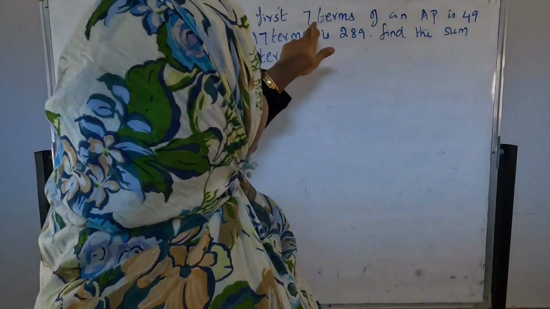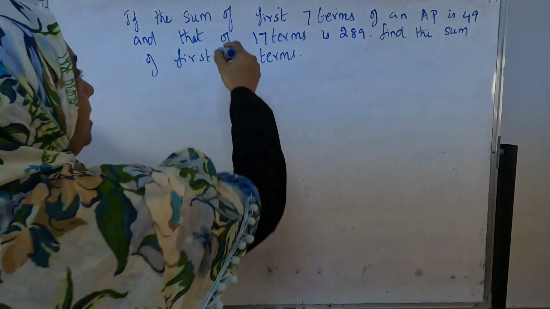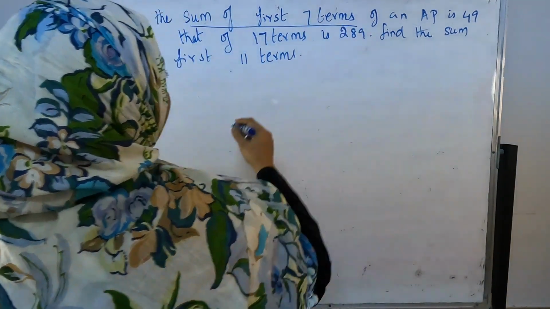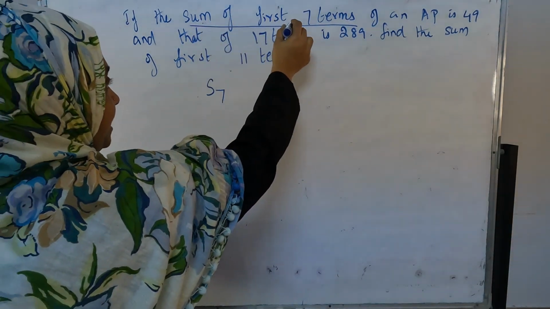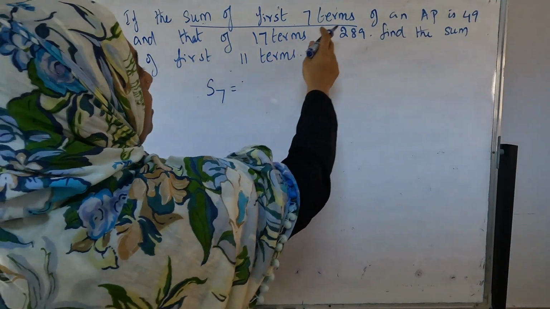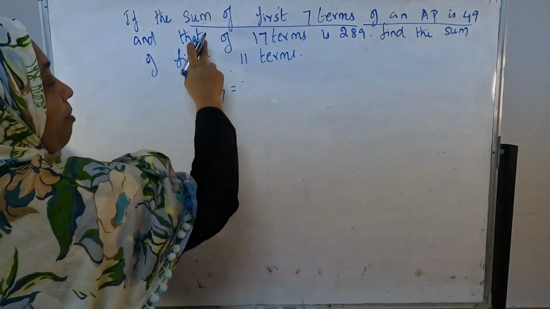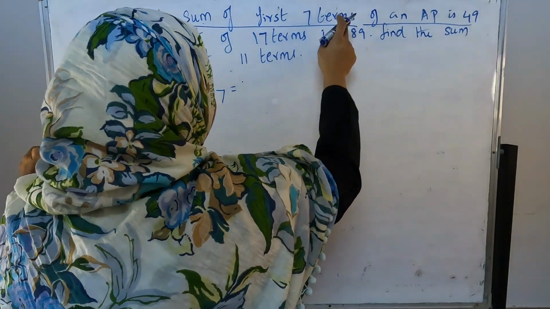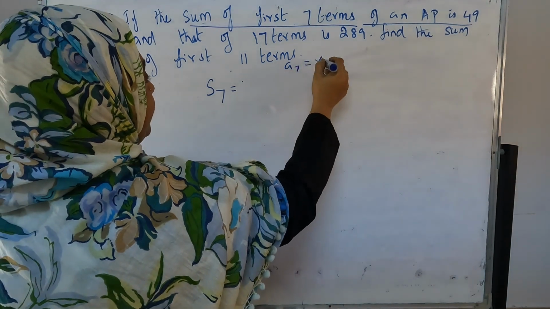If the sum of the first 7 terms of an AP is 49, that means the sum of the first 7 terms, so S7, not A7. If you write A7 it is wrong.